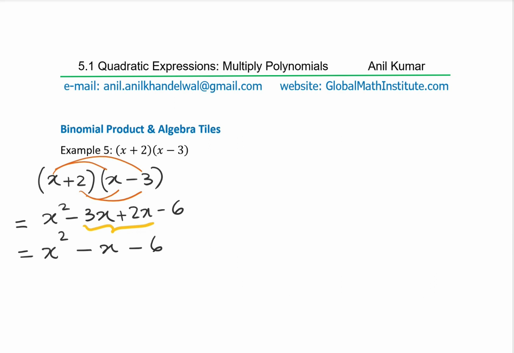Now, as far as the tiles go, we could take x plus 2. This is x for us, and then this is 2. And x minus 3, x minus means negative number. So we are changing the color to blue. So we have 1, 2, and 3, x minus 3. And now let's multiply rows and columns.